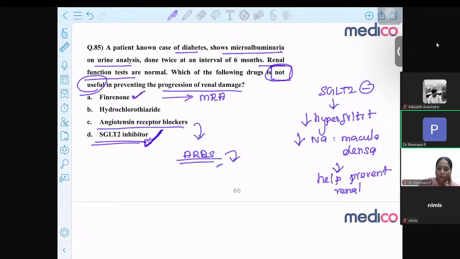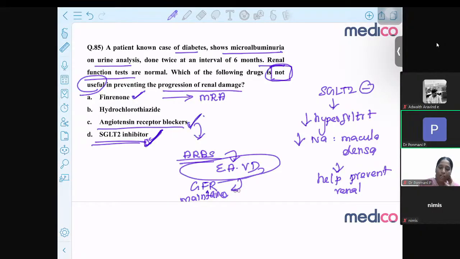They cause efferent arteriolar vasodilation, and hence the glomerular filtration pressure is declined and the GFR is going to be maintained. This is all because of one single thing, which is efferent arteriolar vasodilation. So this can also be used.